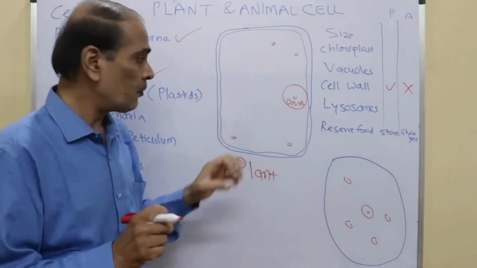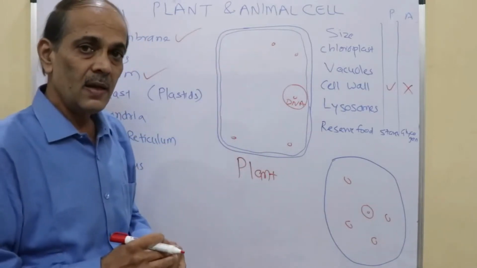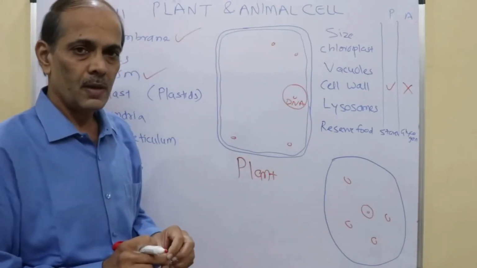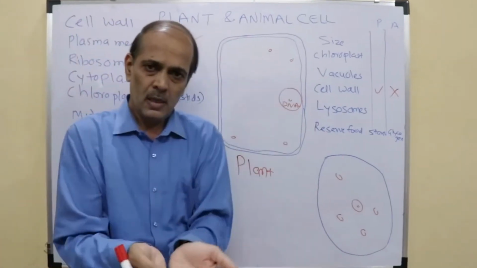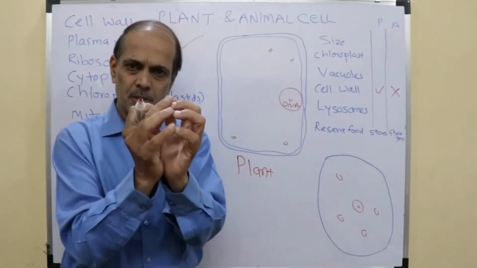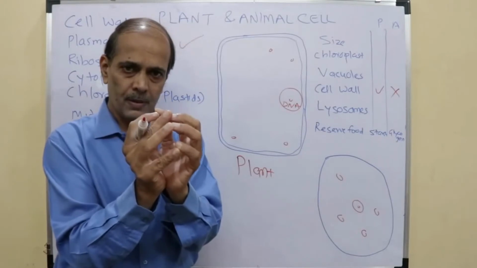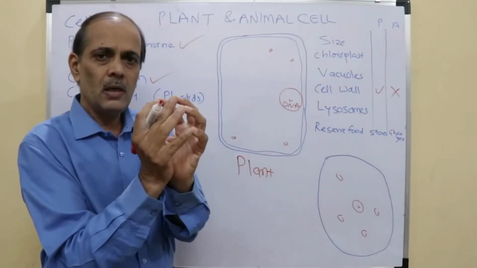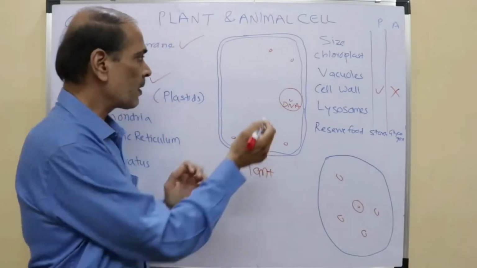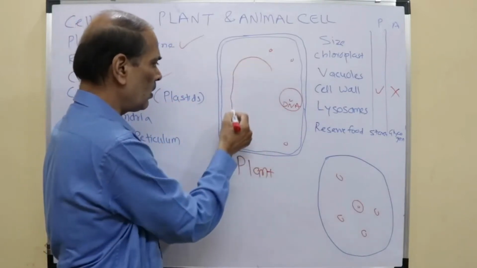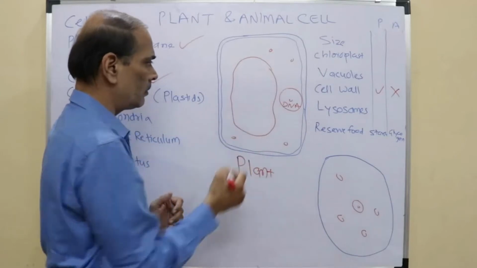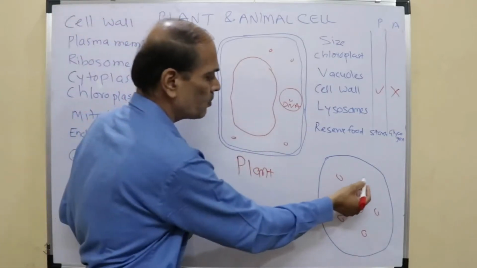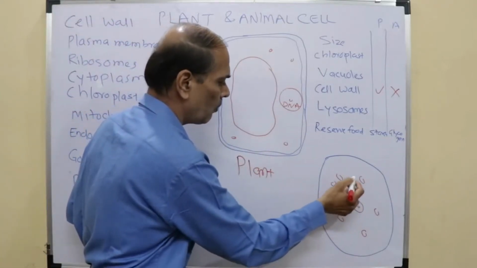One thing I should draw before I draw other organelles is the vacuole. A vacuole is a space, like a ball, you could say, which creates a different membrane-bound space. This has a large vacuole, and this may have small vacuoles, one or two.